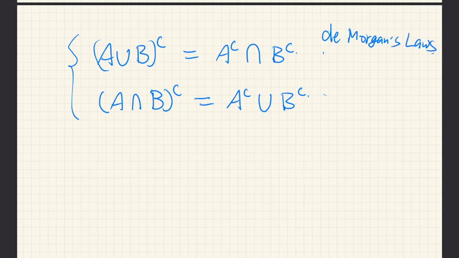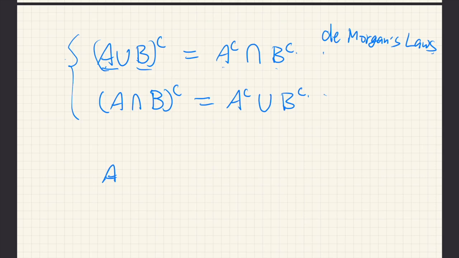Okay, so the logical equivalent versions of these equalities are as follows. In this case, A, B were sets. Now we consider A and B as propositions.